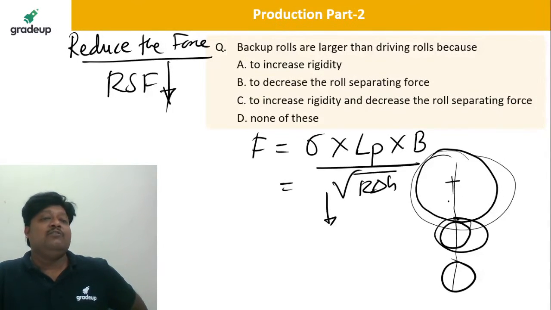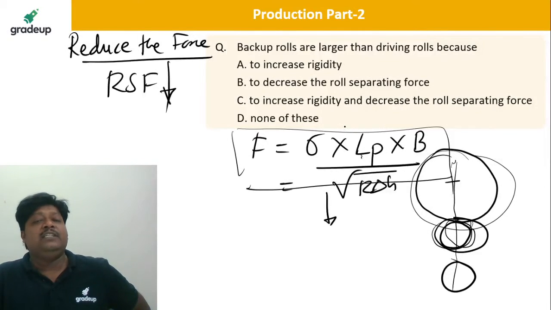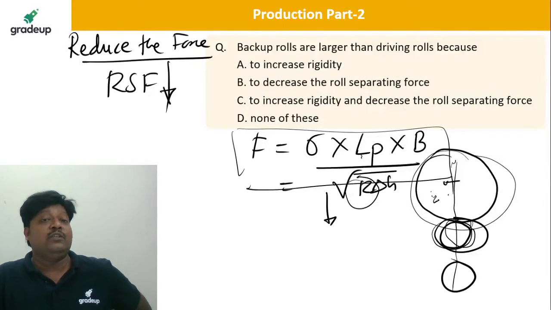Everybody is saying see. Why is it see? Backup rolls are larger than the driving rolls. But the backup roll is not what reduces the roll separating force; the small rollers do. In the force formula, the only thing related is the roller diameter, not the backup roller. It is not necessary that you use the backup roller every time to reduce the roll separating force.